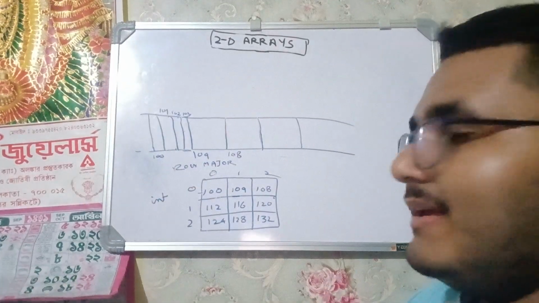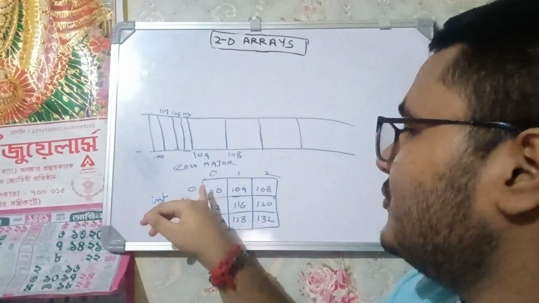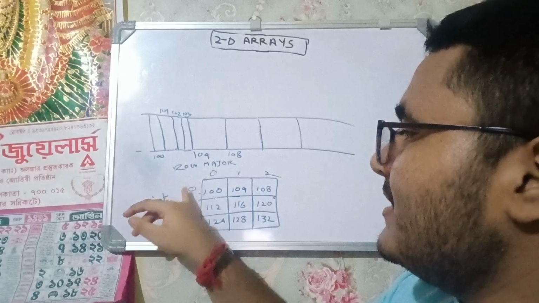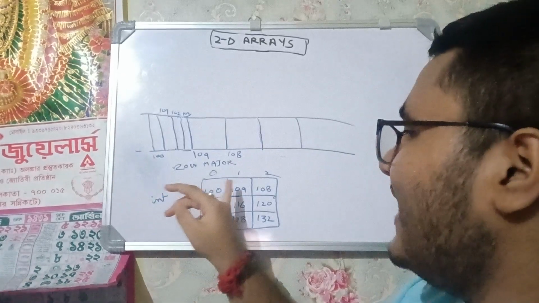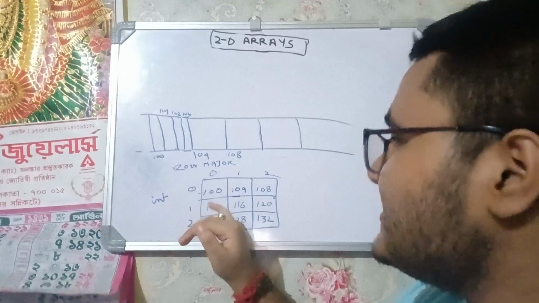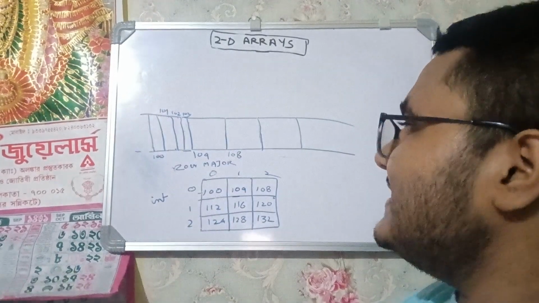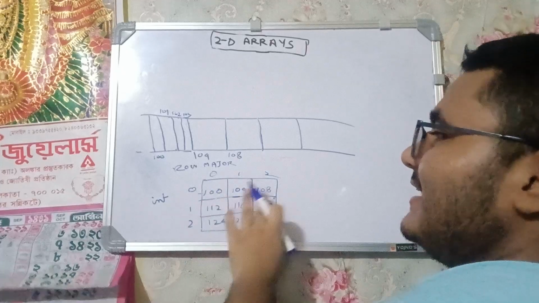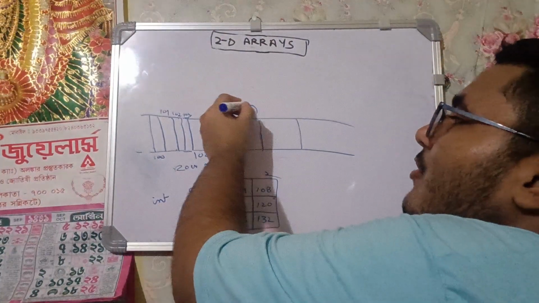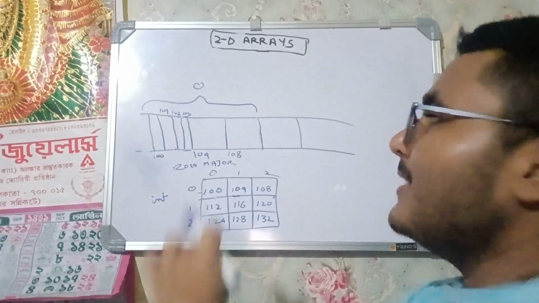Now can I say from 100 to 112, okay, 100, 104, 108, 0, 1, 2, the next row is starting directly from 112. Right? So basically 100, 104, 108 is covering row 0. Yes or no?